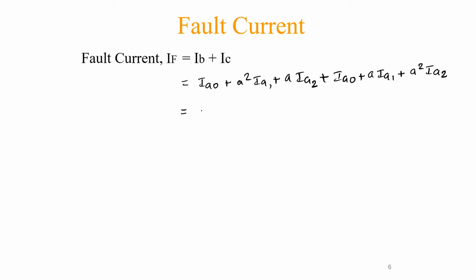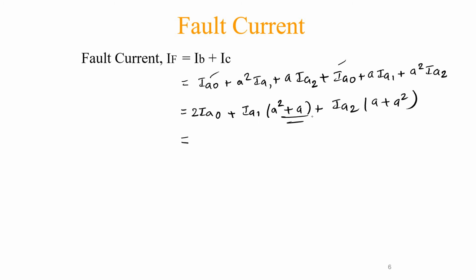So if you simplify this, IA0 plus IA0 will be equal to 2 IA0, and plus IA1 if you take common, that will be A square plus A, plus IA2 if you take common, A plus A square. We know A square plus A will be equal to minus 1, because 1 plus A plus A square will be equal to 0. So this can be written as 2 IA0 minus 1 if you take common, that will be IA1 plus IA2.